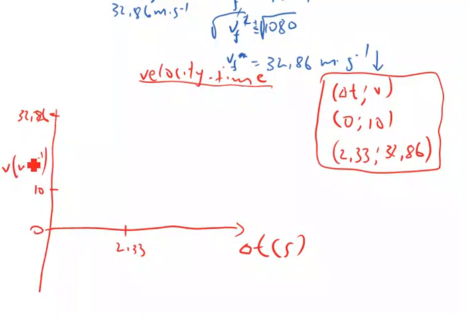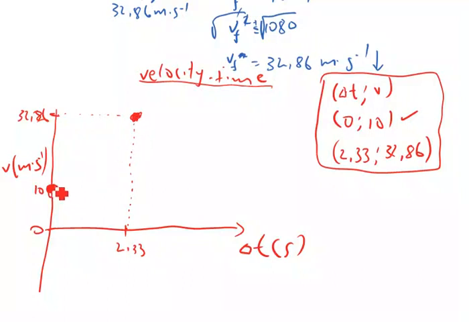Now let's start with the first point. This is the first point. x is 0, that is 0. 0 is always here. Then y is 10. So this is our first point. Then the second point, x is 2.33, y is 32.86. This is point number 2.